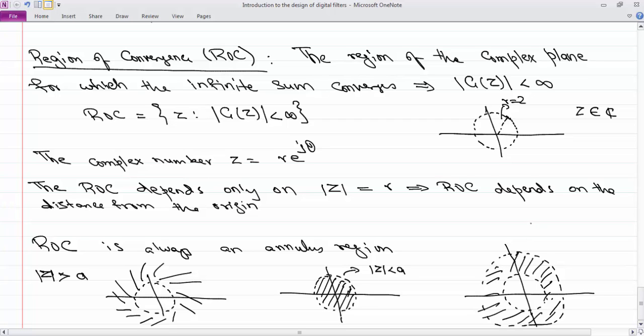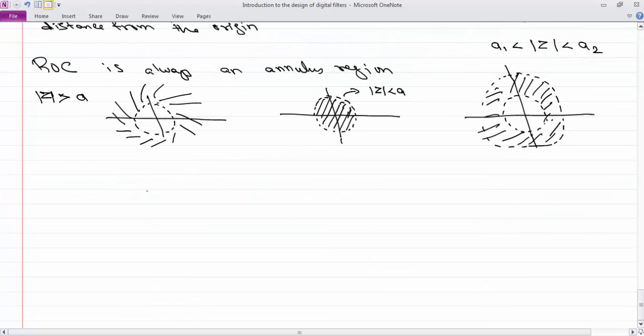In that case, your region of convergence is given by between A1 and A2. But the region of convergence always has this annulus form because the convergence is a function of only how far away from the origin, and not the direction. So you cannot have a region of convergence like this. This is not a valid region of convergence.